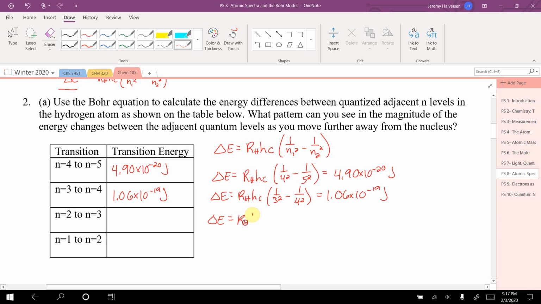Third one, and I get 3.03 times 10 to the negative 19 joules. And lastly, and again, all these are going up, so they should all be positive.